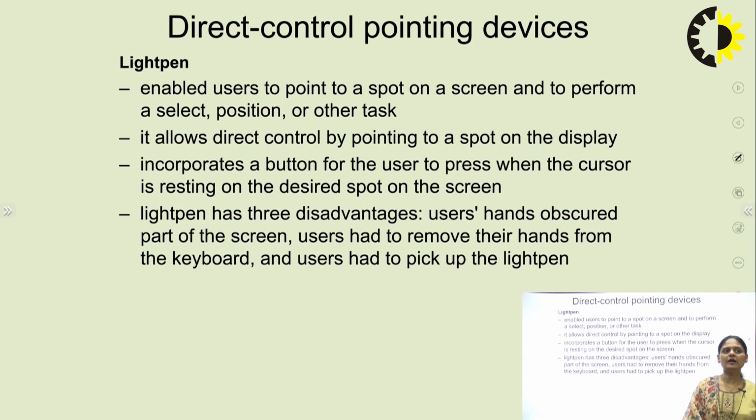So we have some of the pointing devices. As we have seen, they are categorized as direct control and indirect control. In direct control, just like a light pen, we are interacting with the system directly. Our fingers and the screen are directly interacting with each other without any medium.